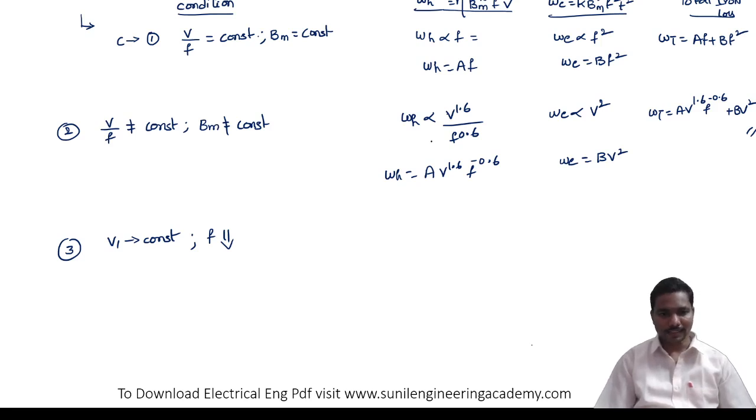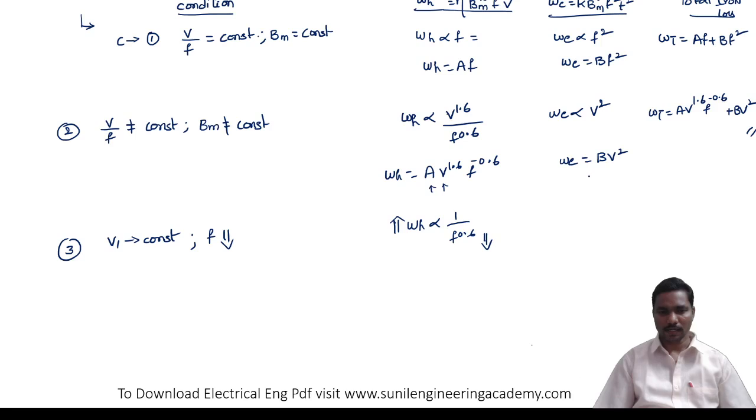In the second case, V is constant, A is also constant, so WH is proportional to F power minus 0.6. So as frequency decreases, hysteresis losses will increase.